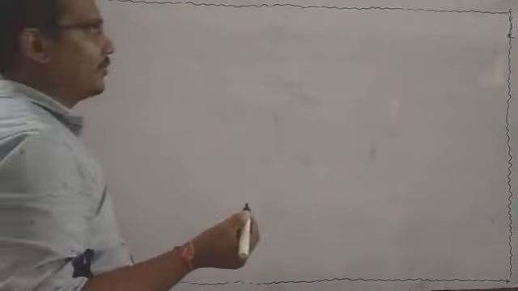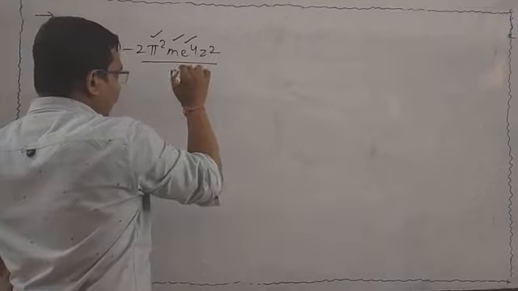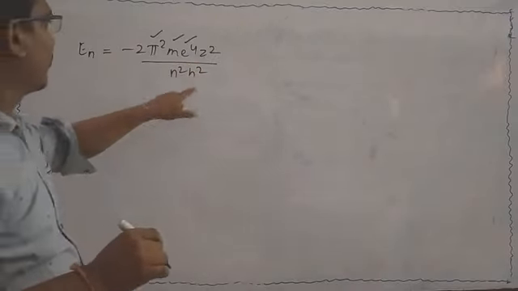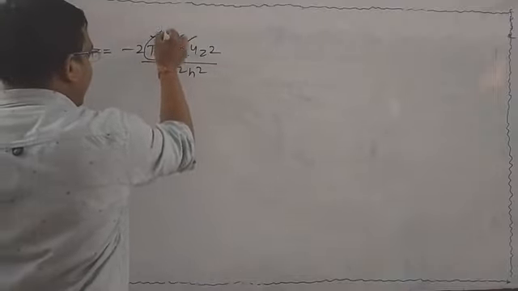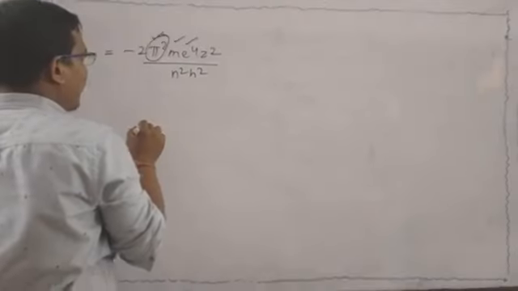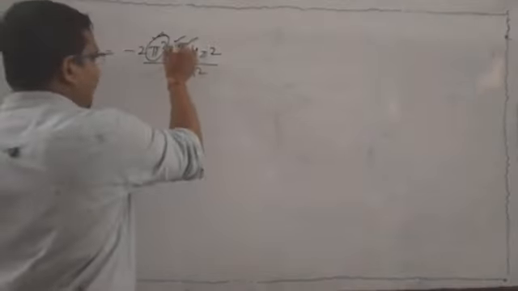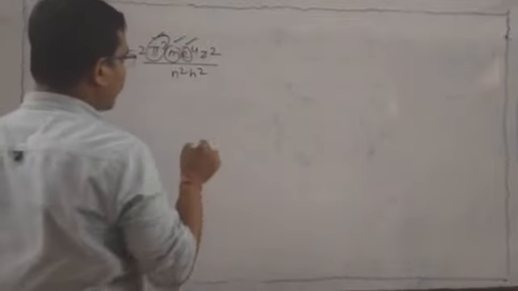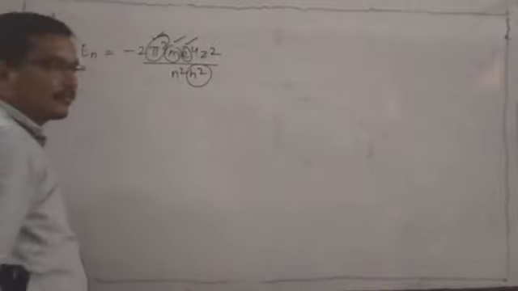By putting the value of pi, mass of electron, charge of electron, and the value of h, you know the value of pi, mass of an electron, charge of electron and Planck's constant.